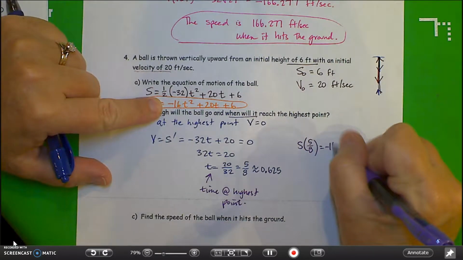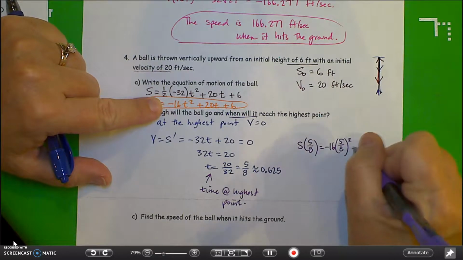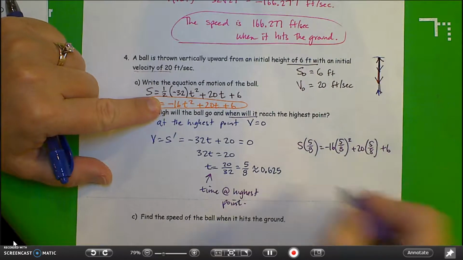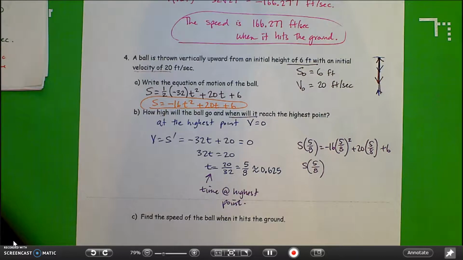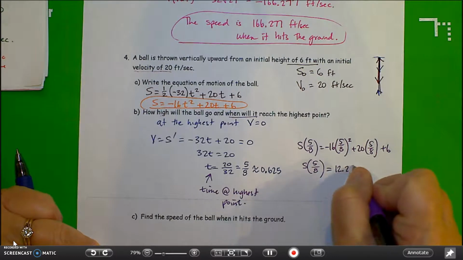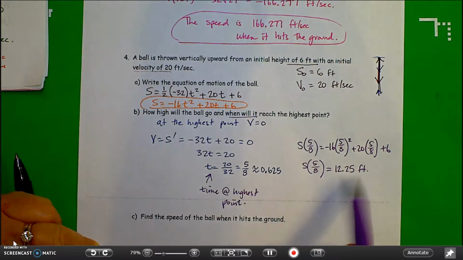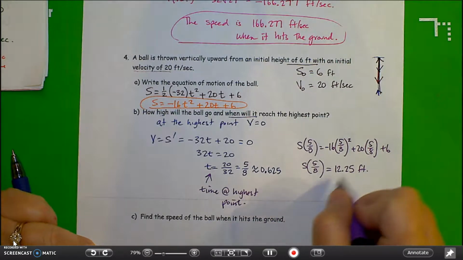So we'd have negative 16 times 5/8 squared plus 20 times 5/8 plus 6. So the position at 5/8 seconds, if you plug all that in, you get 12.25 feet. And that ends up being the height at 5/8 of a second, which is its highest point. 12.25 feet is the highest point.